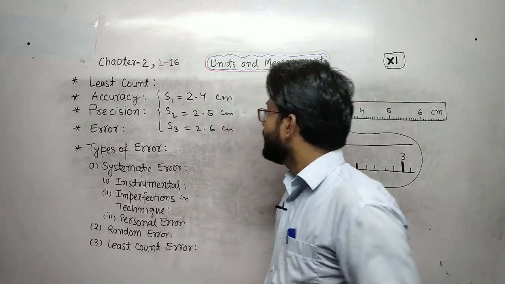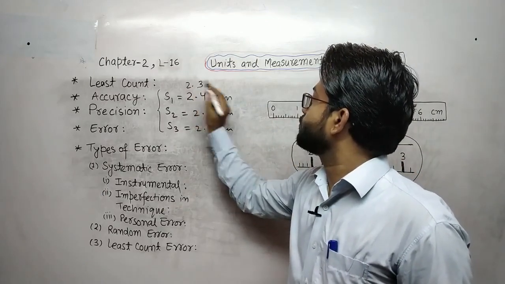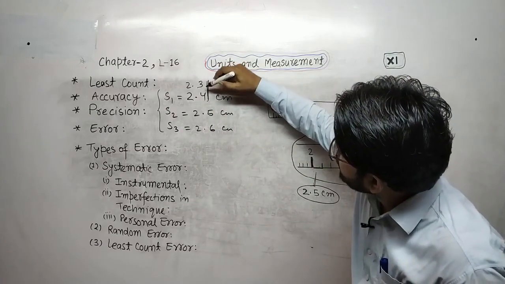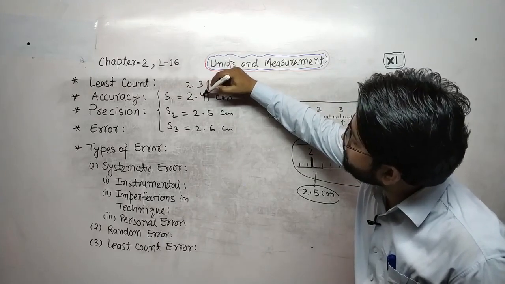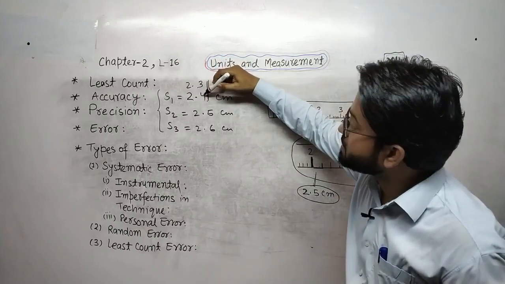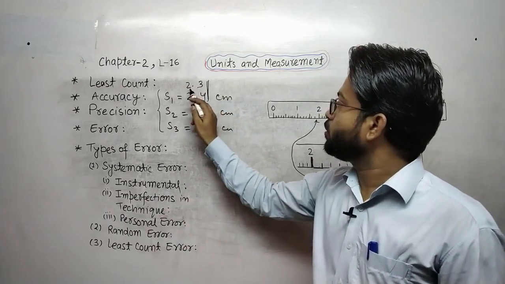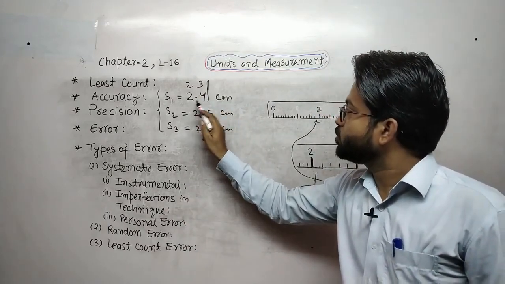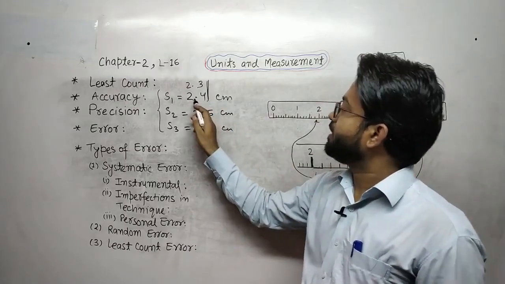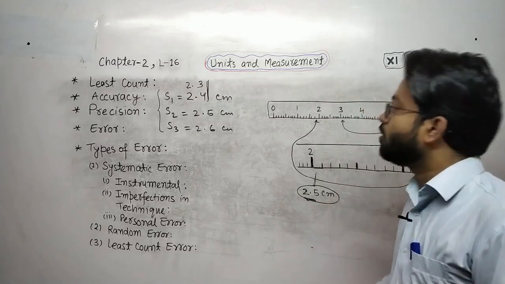If any other student measures 2.3, and you compare these two values, 2.4 is more accurate than 2.3, but 2.4 is less accurate than 2.5, because as compared to 2.5, 2.4 is far away from the true value or actual value.